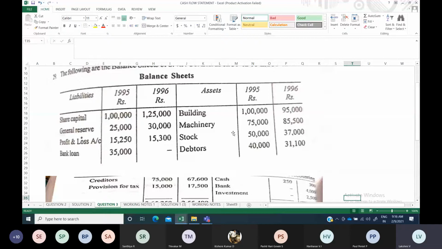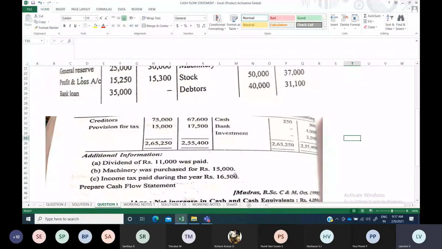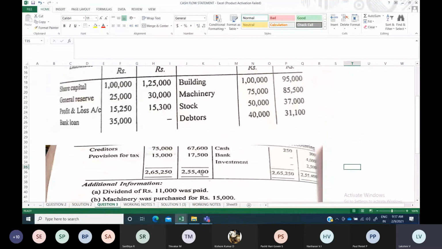Okay, so now we can prepare the machinery account with the opening balance 75,000 and closing balance as 85,500 and purchases 15,000. So now let us move to the machinery account.